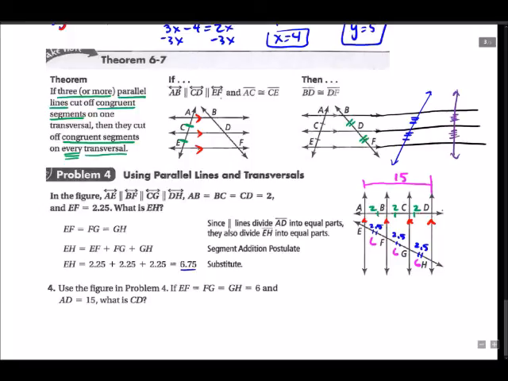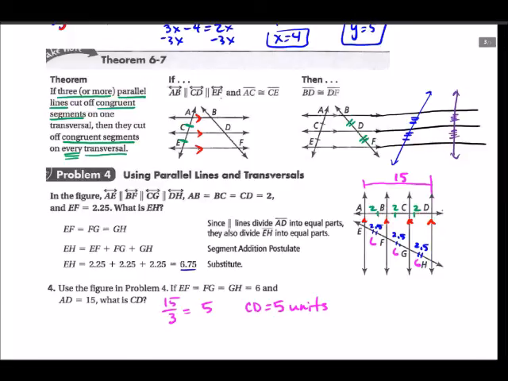Well, since those are all congruent, I know my top ones are congruent, and I can just do 15 divided by 3. Length of CD is 5 units. All of them are 5 units. Length of AB, length of BC, all of them are 5 units.